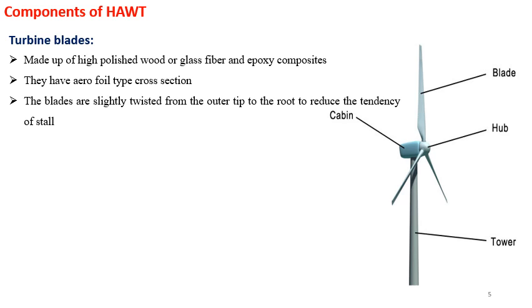Rotors that rely on lift are capable of turning at very high speeds, as stated. Small rotors can spin at 400 to 500 revolutions per minute, rpm, with blade tip speeds of several hundred kilometers per hour, normally 8 to 10 times faster than the wind.